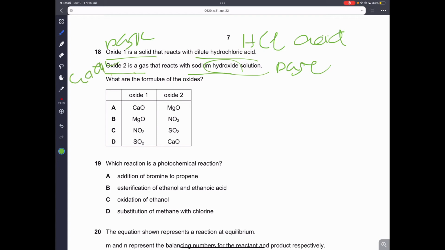And so oxide 1 is going to be calcium oxide. Remember, metal oxides are basic. And non-metal oxides are acidic, which is NO2, and therefore B is the correct answer.